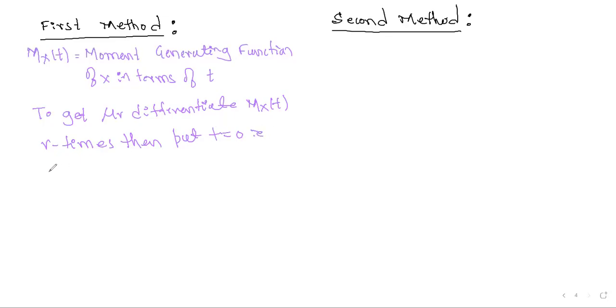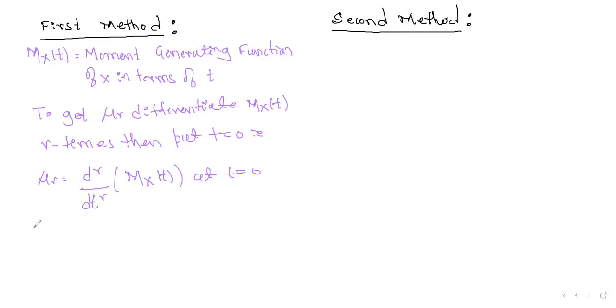So you consider differentiation r times with respect to t of the moment generating function at t equal to 0.